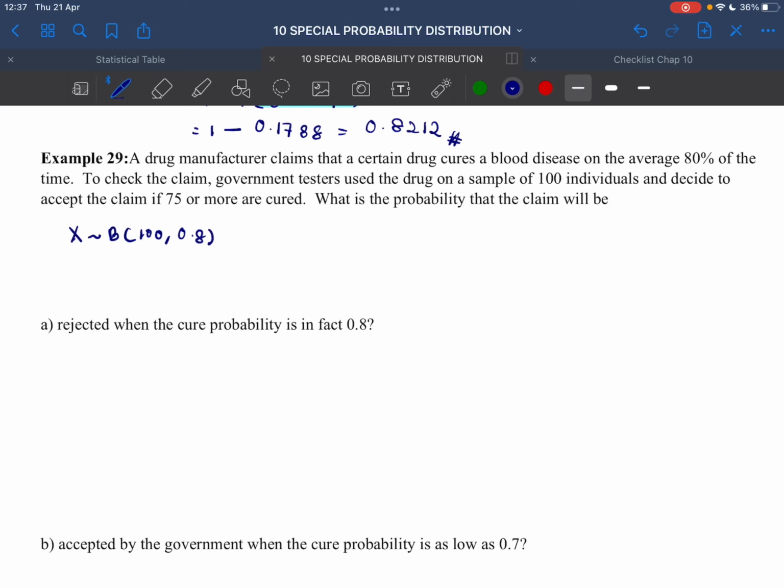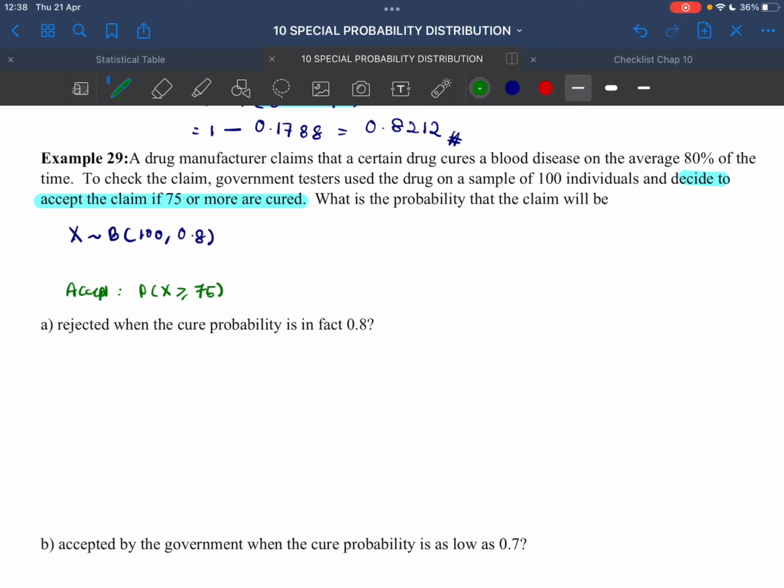Okay, so straightforward. Here we know that the question said the government testers use the drug on a sample of 100 individuals and decide to accept the claim if 75 or more are cured. Okay, so that is what the question said. Accept if P(X) greater than equals to 75.